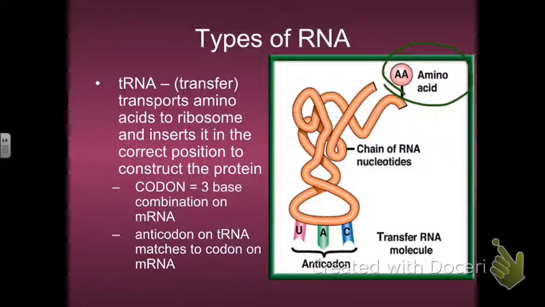Each transfer RNA can only carry one kind of amino acid. Let's say this transfer RNA carries glycine, which is one of the 20 amino acids. It's going to drop glycine off and then go and pick up another glycine, and drop glycine off and go and pick up another glycine.